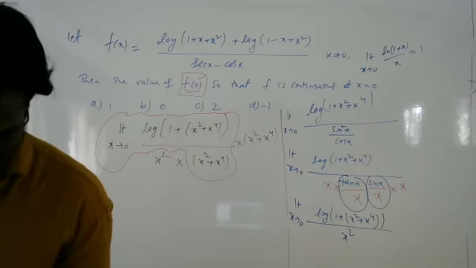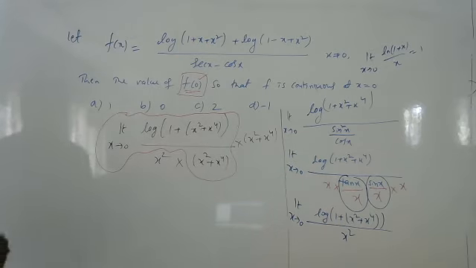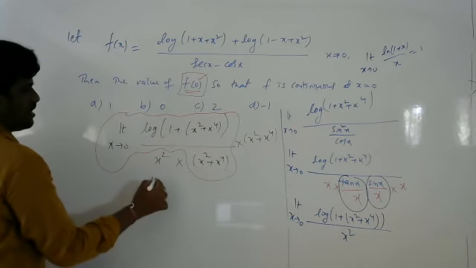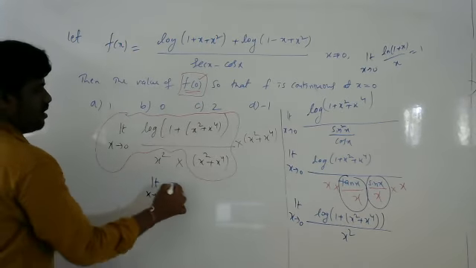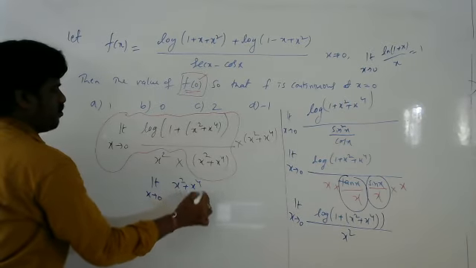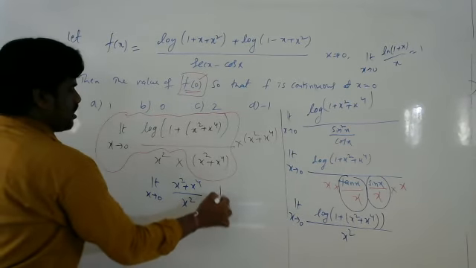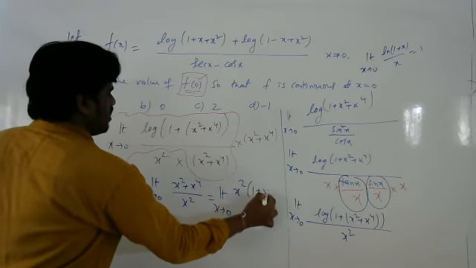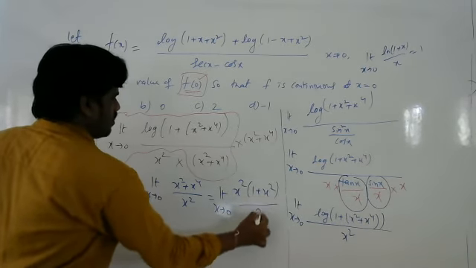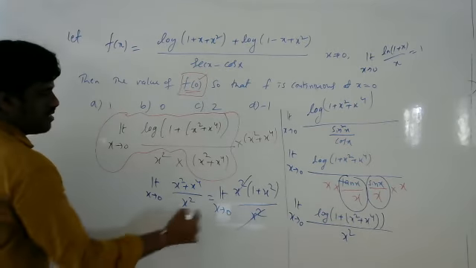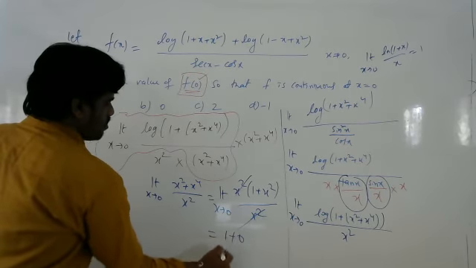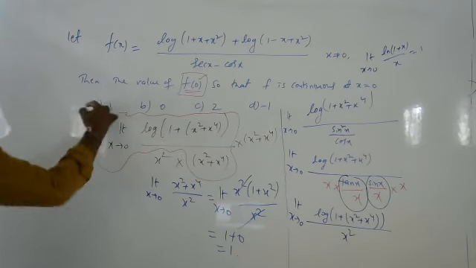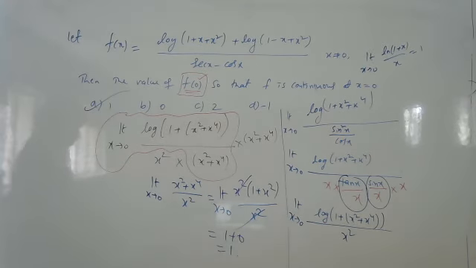So what remains is limit x tends to 0 of (x square plus x power 4) by x square. On the top take x square common, 1 plus x square divided by x square, x square cancels. Substitute the limit, 1 plus 0 square is 1. Answer is 1, option A is the correct answer.